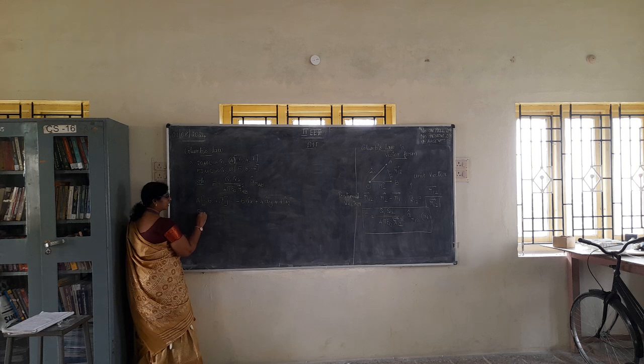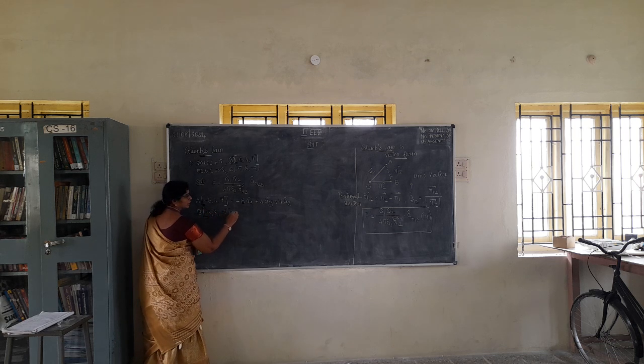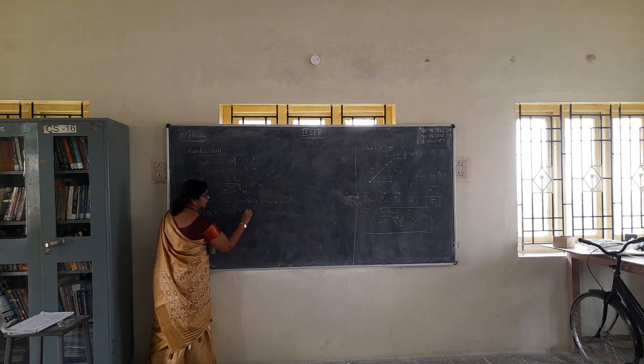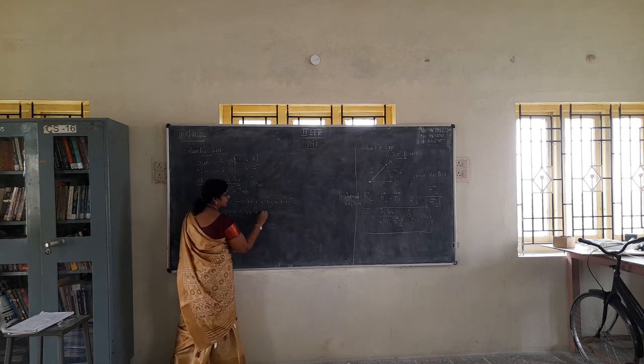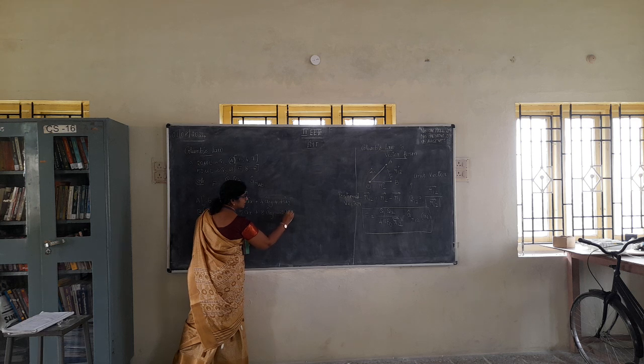Similarly, the b vector is at the point 5 comma 8 comma minus 2. So it is 5 ax vector plus 8 ay vector minus 2 az vector.